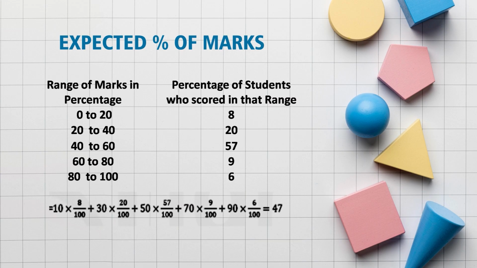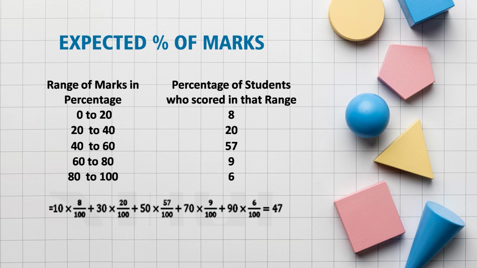So 30 into 20 by 100 plus 50, likewise it is the mid value 50, then 70 and 90, multiplied by the related percentage or probability, which happens to be 57 by 100, 9 by 100 and 6 by 100 respectively. And when you sum that up, when you compute the final value, what you will get is 47, right?